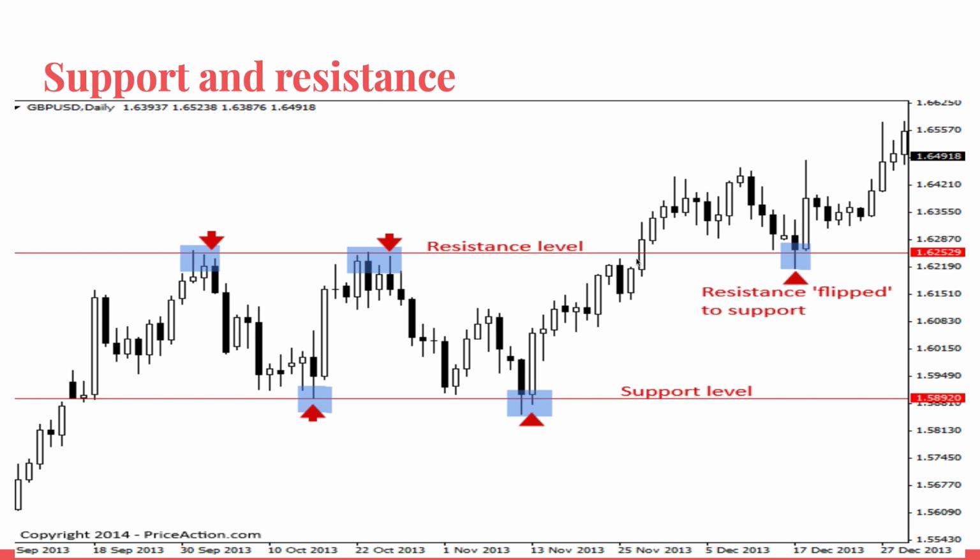This is called breakout and retest. So the market broke the resistance level and then came back to retest it, because the market respects these levels.